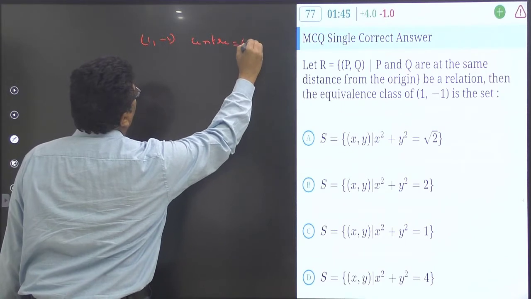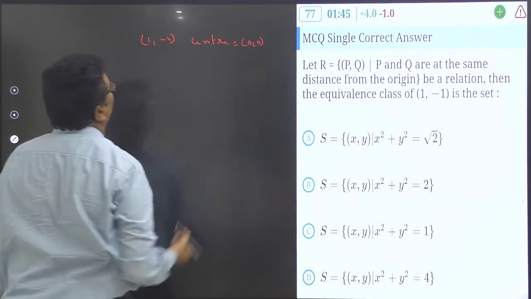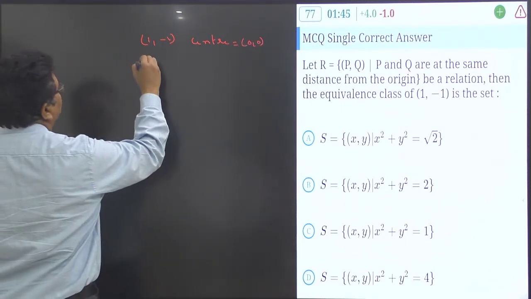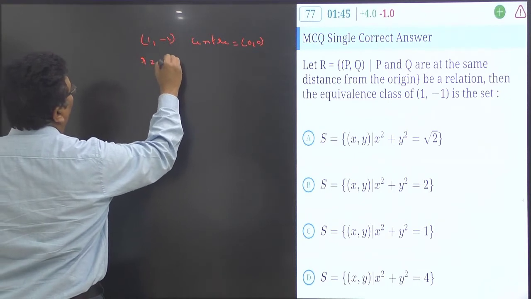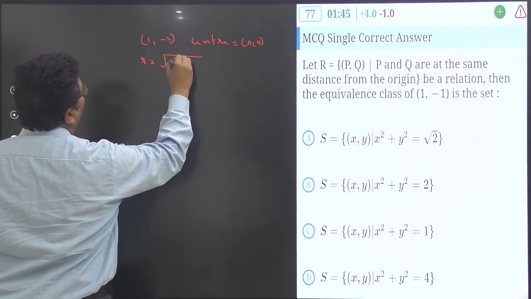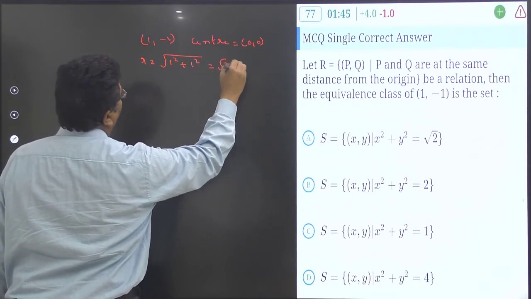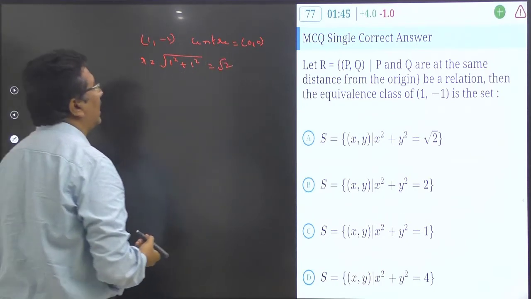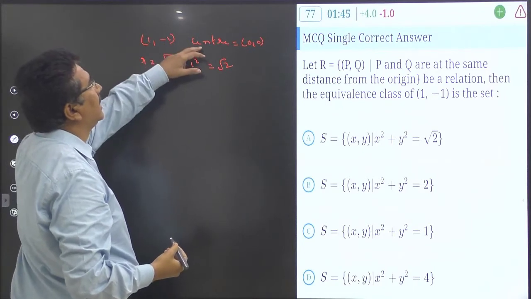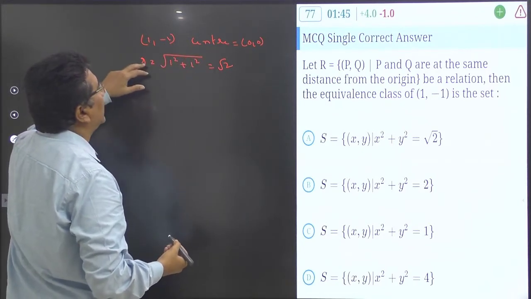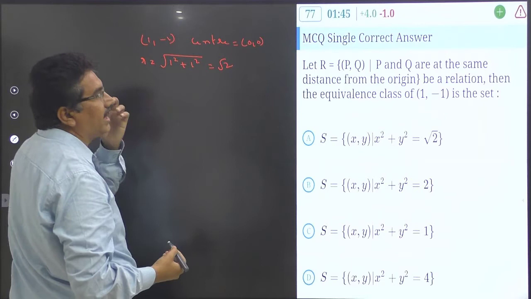Center is equal to origin. Now radius is equal to square root of 1 square plus 1 square, that is equal to root 2. This is the radius. Now this is the center, that is origin, and r is the radius, that is root 2.